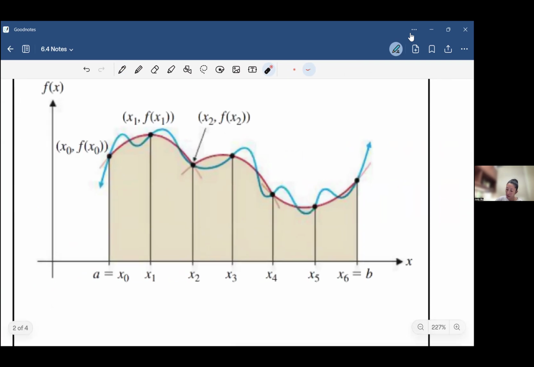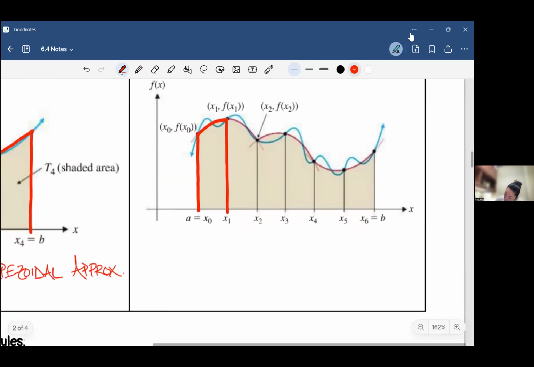The other idea was, and I'm not going to draw all of these, but if we take one of these divisions, okay, and instead of going from the left, or instead of coming from the right, or instead of going diagonal, what if we approximated it with a curve? Okay. And it turns out that this curve is sort of a part of a parabola.